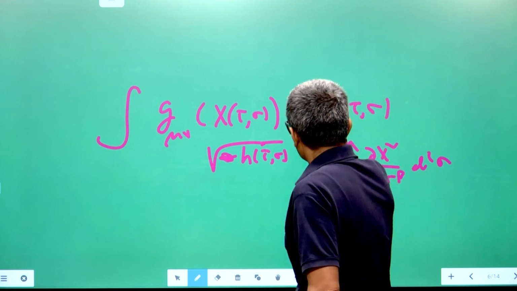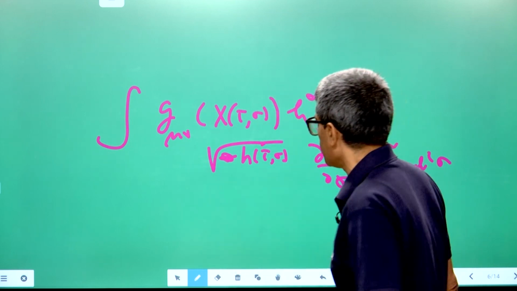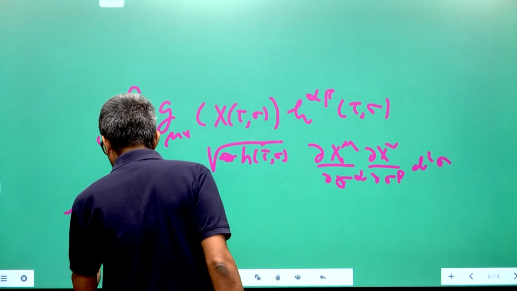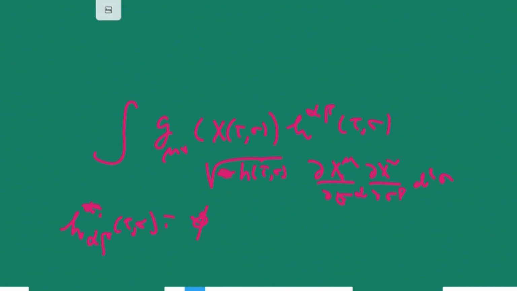If you require this to be invariant under conformal transformations of the metric, that means scaling transformations in which your h alpha beta of tau sigma goes to e power phi of tau sigma times h alpha beta of tau sigma, that is you are applying conformal scaling of the metric.